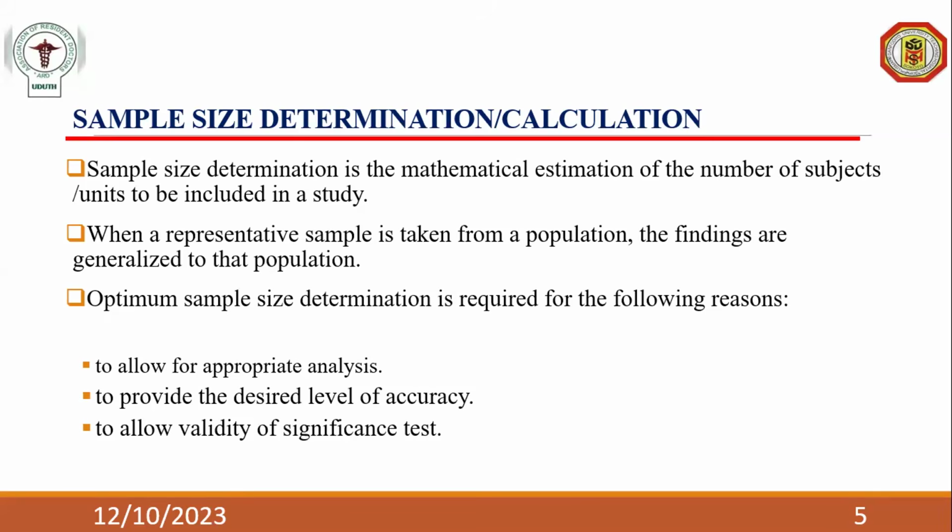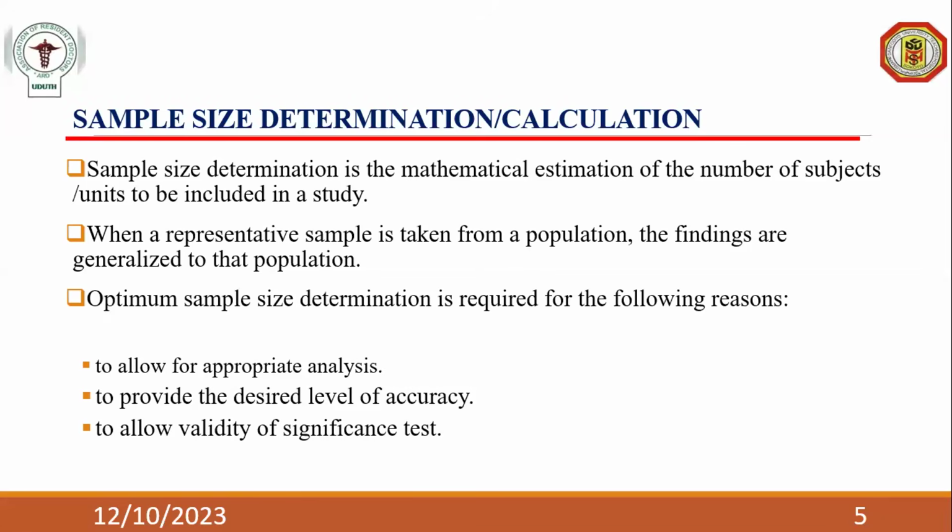When a representative sample is taken from a population, the findings are generalized to the population. But mind you, if you didn't select the right sample, then the generalizability is not possible. Because the sample is selected as a representative of the population.